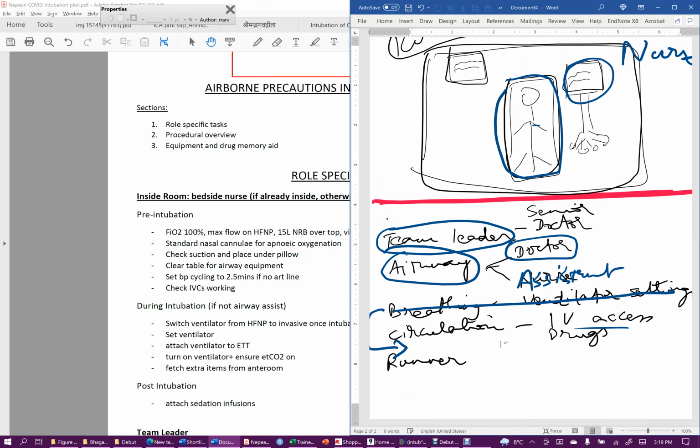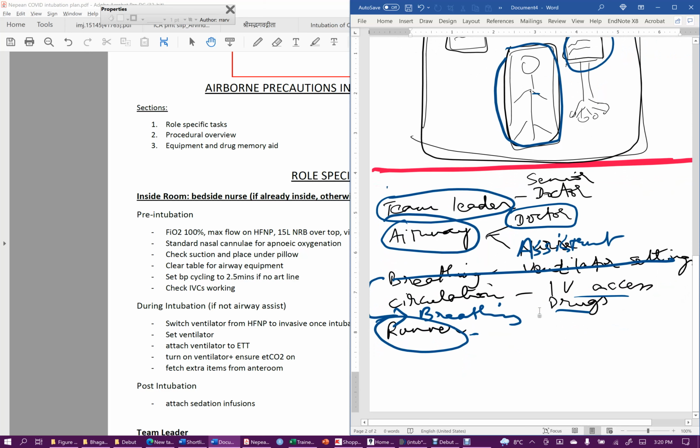Circulation, you need IV access and drugs. And then you need somebody to set up and connect the ventilator. So that's the breathing part. And the runner is the person who will go and get you extra supplies. If you think about it, all of these things can be done by three people inside the room and one person outside the room to help.